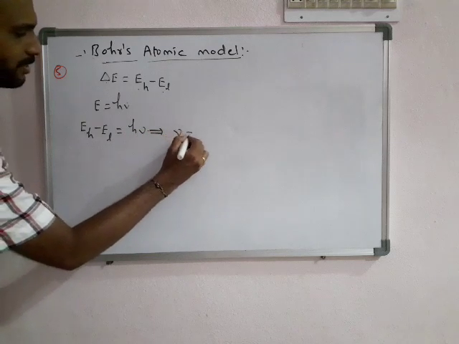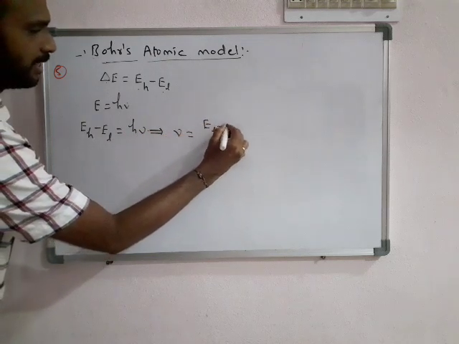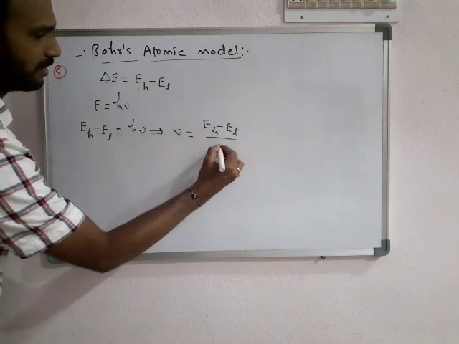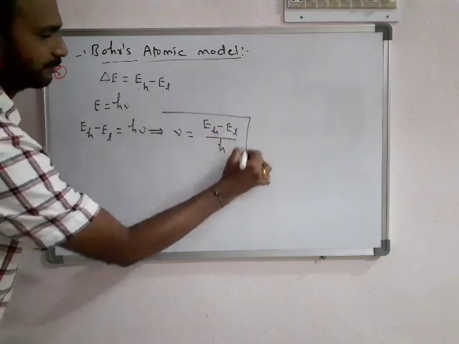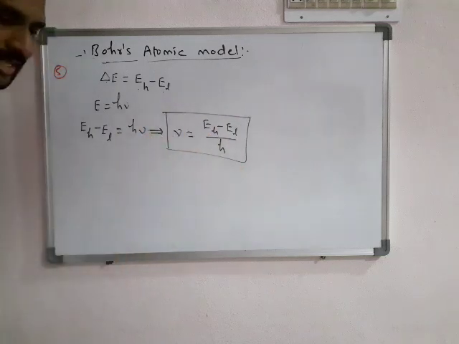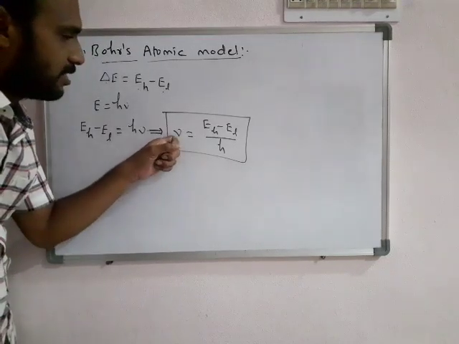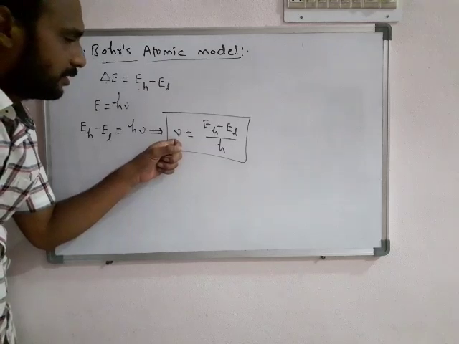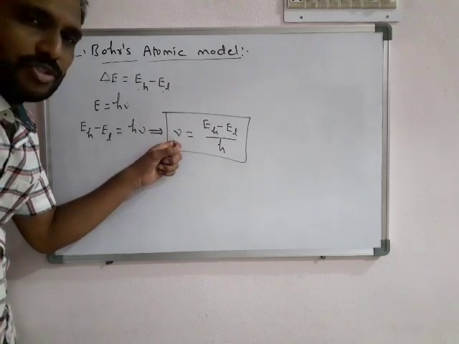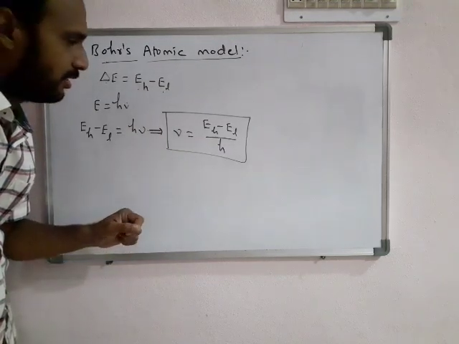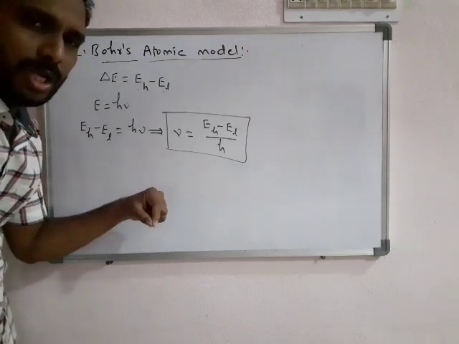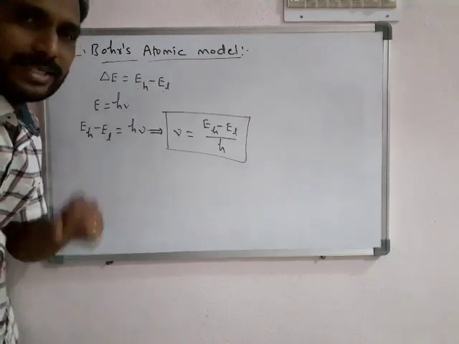It can be written as nu is equal to E higher level minus E lower level by h. So this calculation gives the frequency of the energy radiation which is released or absorbed in the excitation or de-excitation process.